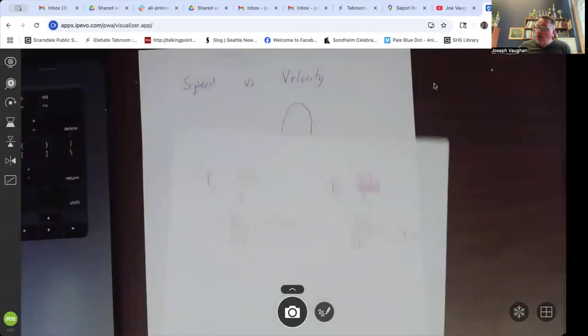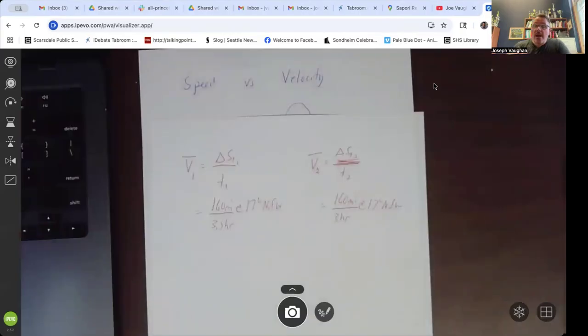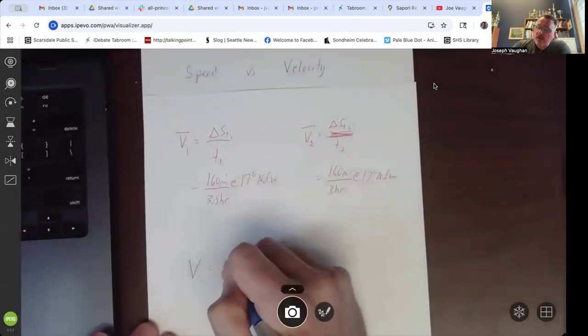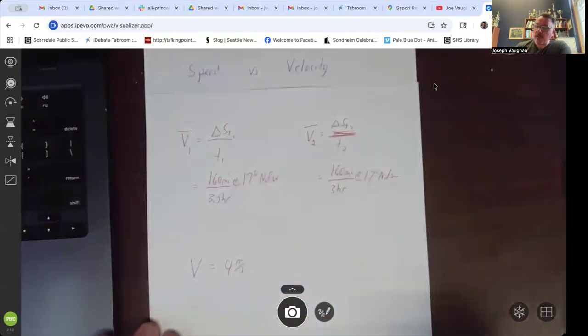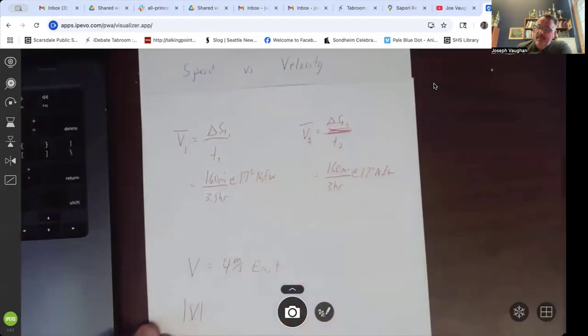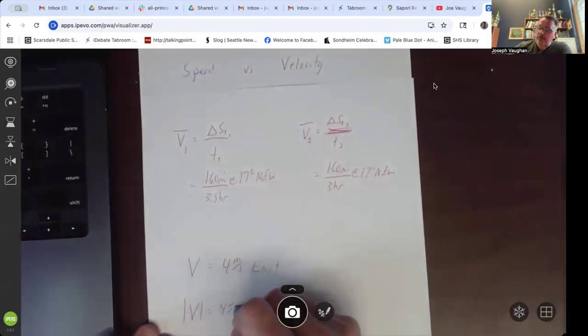Whereas if I take an instantaneous velocity, let's say an instantaneous velocity vector is 4 meters per second east, the magnitude of the instantaneous velocity there would be 4 meters per second.